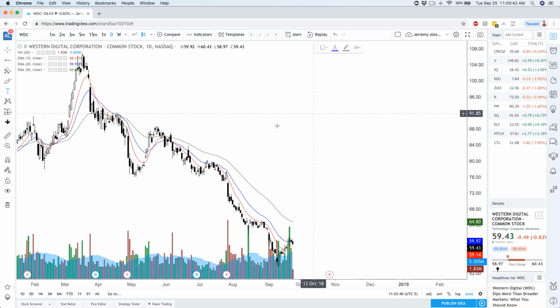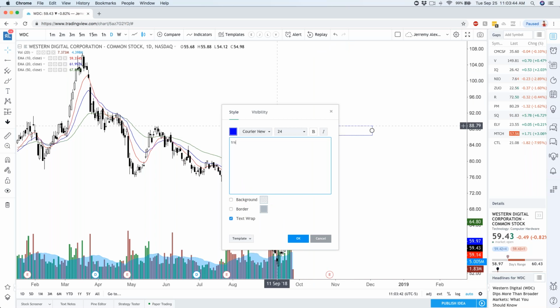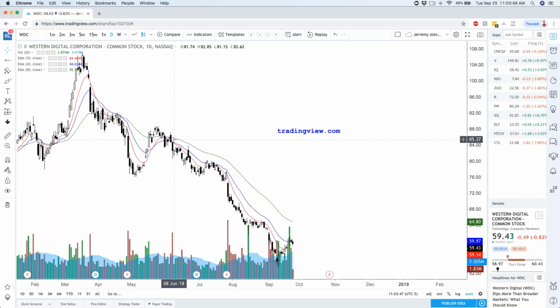This particular charting software, I don't get paid to endorse it. It's just called tradingview.com. The reason I use it is because it is free for most traders. You can access this on your phone, you can access it at work. It's browser-based.